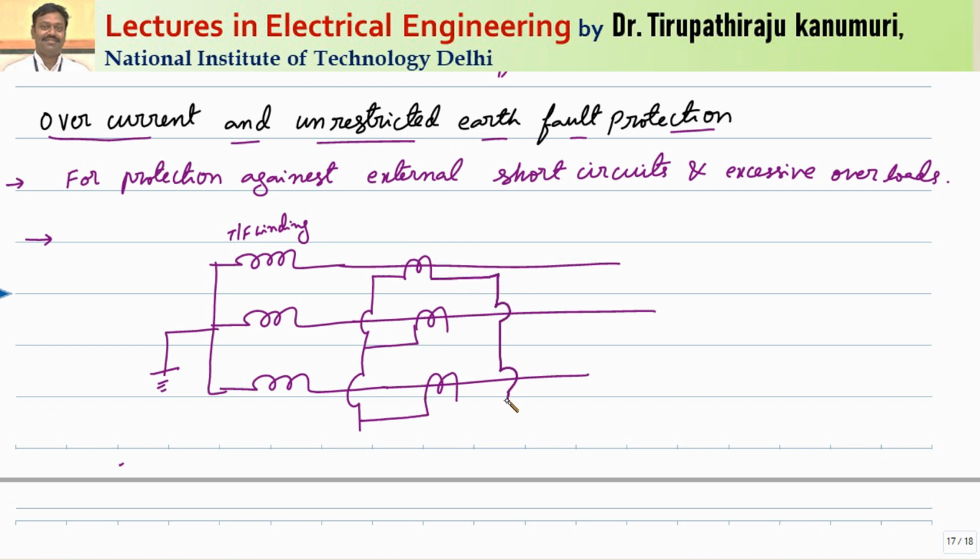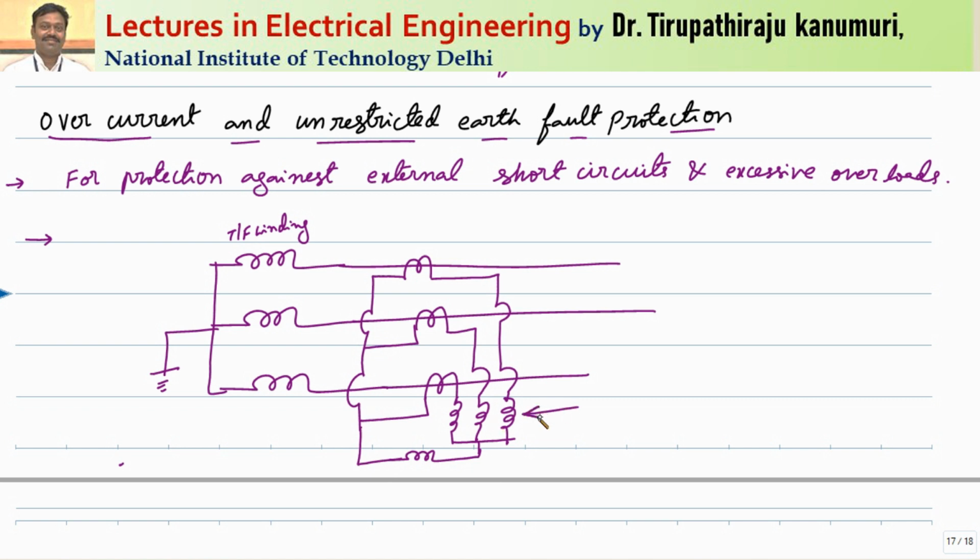So here there will be one overload current or overcurrent relay, here there will be one more overcurrent relay and there is one more overcurrent relay. Along with these relays, one more relay will be connected here. This relay is used for protection against the earth fault. So this will be connected like this.